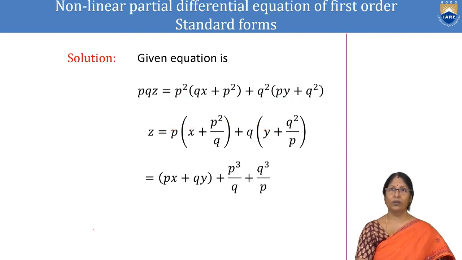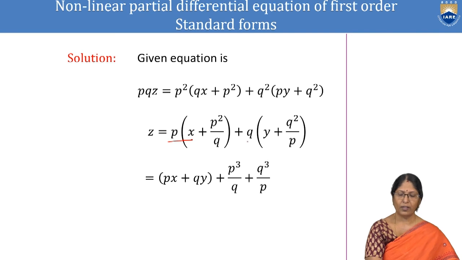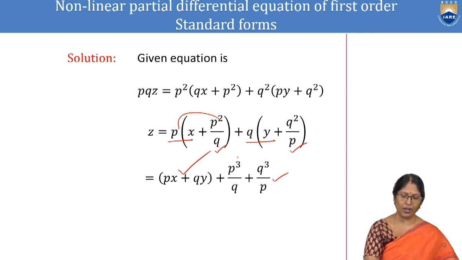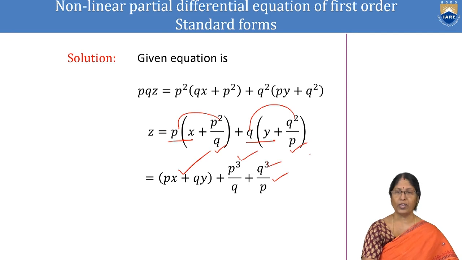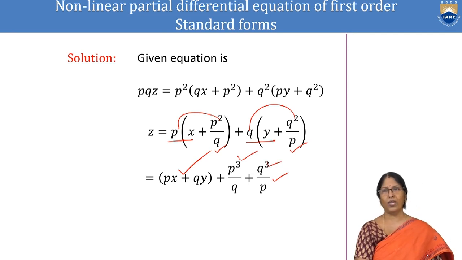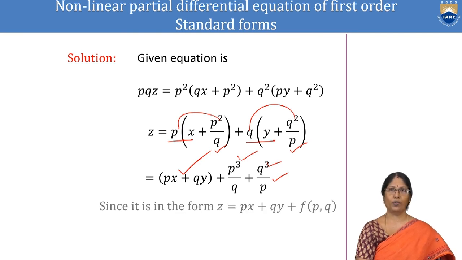So now px and qx, they are grouped. Here p square is there, outside p is there. So p square into p has become p cubed, and this q square into q has become q cubed. So we rewrote the form in such a way, the standard form 4.